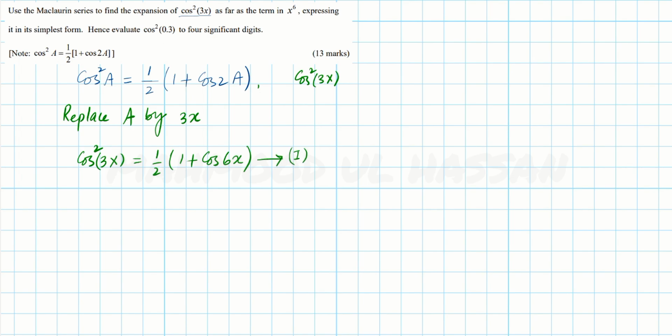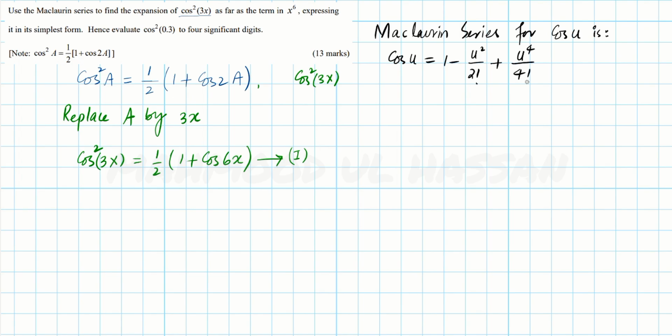Okay, now we know the Maclaurin series for cos u is, that is cos u is equal to 1 minus u squared divided by 2 factorial plus u to the power 4 divided by 4 factorial, then minus u to the power 6 divided by 6 factorial plus, and so on.